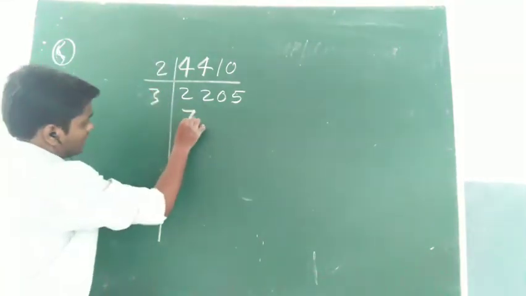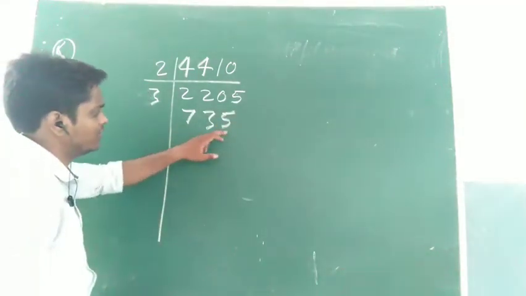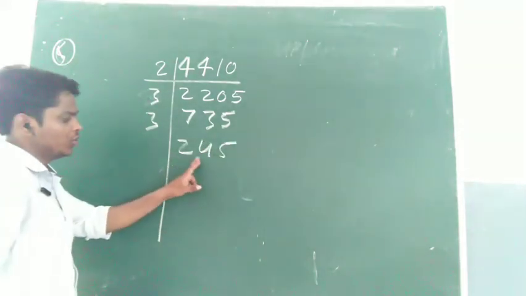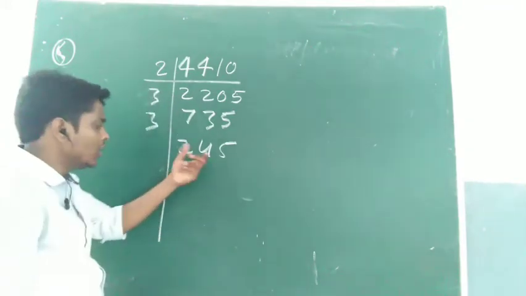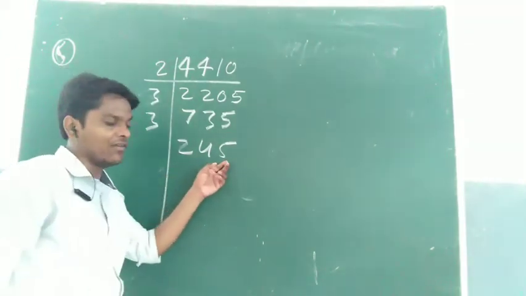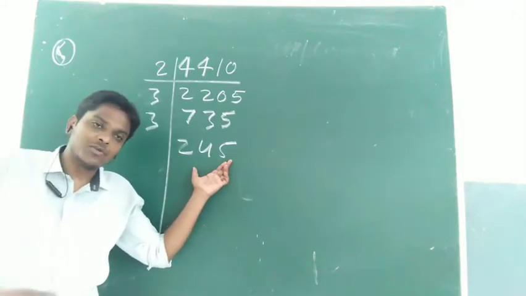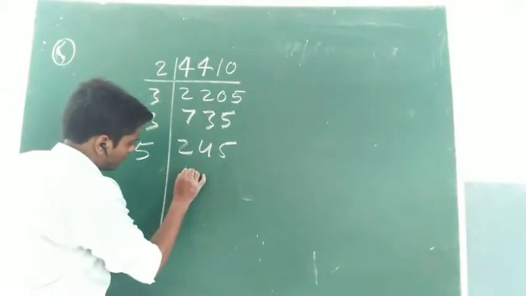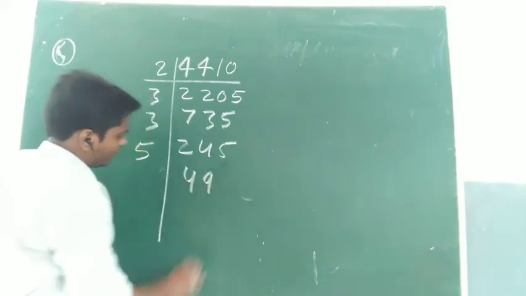So 3 times 735 is 2205. Again we check for 3: 7 plus 3 plus 5 is 15, which is divisible by 3, so 3 times 245 is 735. Again, 2 plus 4 plus 5 is 11. 11 is not divisible by 3, so we move to the next prime number, that is 5. 5 times 49 is 245.